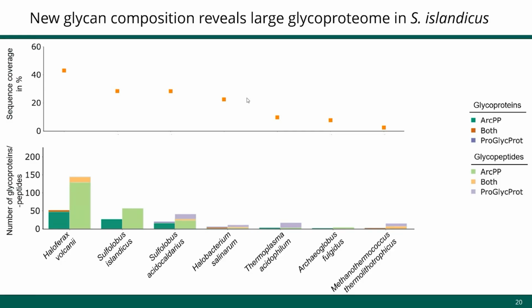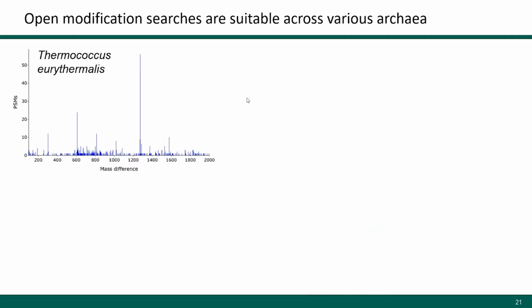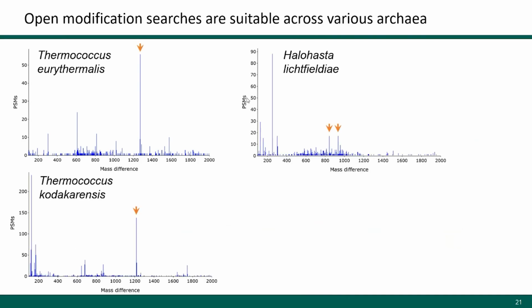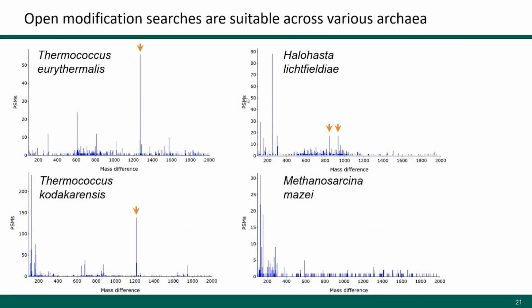So we can basically have a two-step approach where we first look with an open modification search which type of glycan compositions we can find, and then go back into the closed search to really have a higher coverage overall of the glycoproteome.